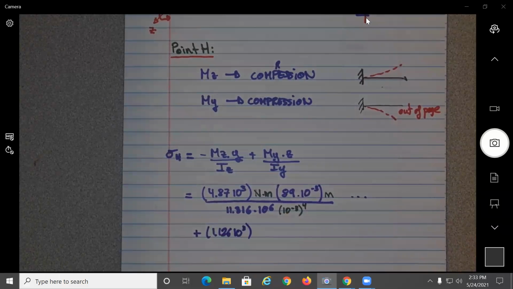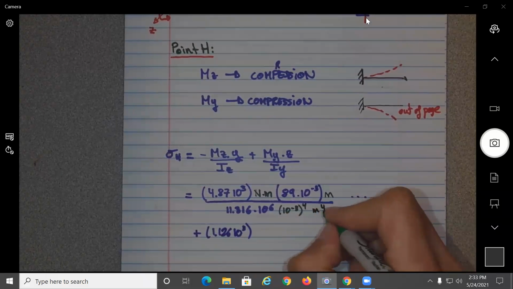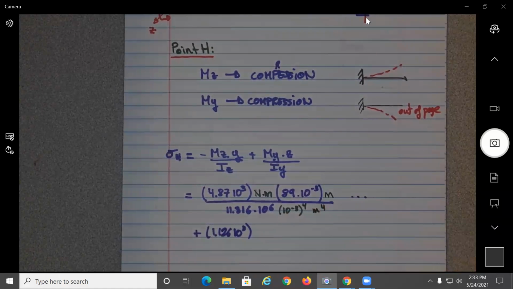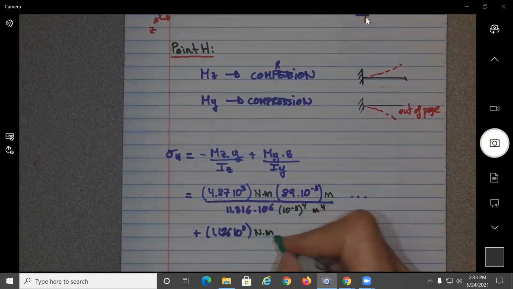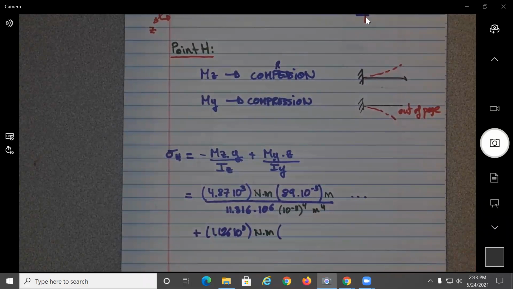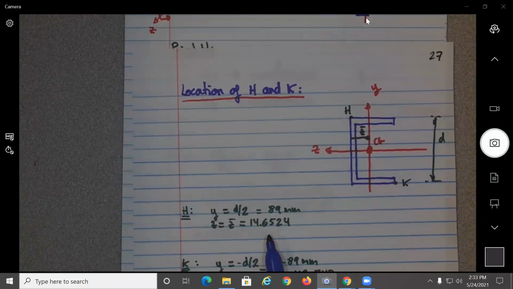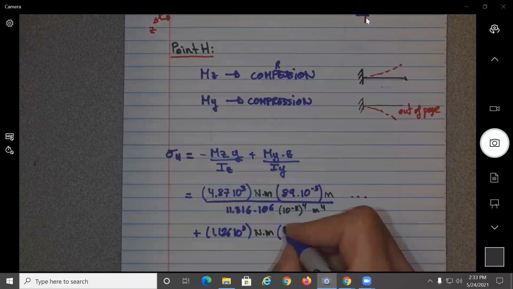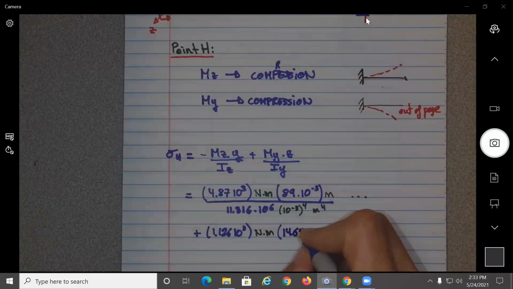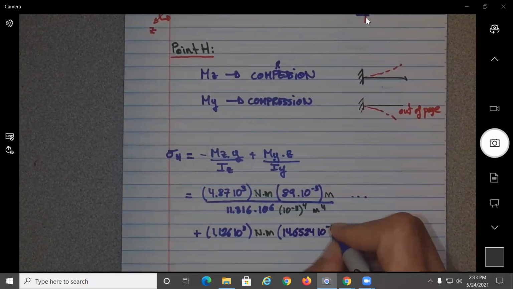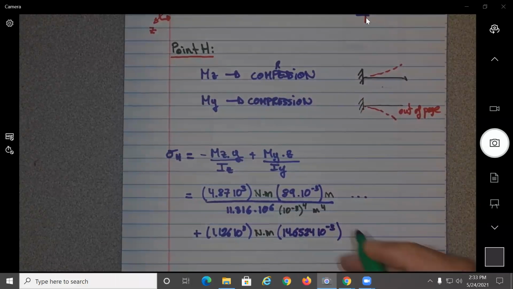So this will now be in newton-meters again, times, now we need the z for point H. Z for point H is 14.6524, times 10 to the minus 3 to go to meters.